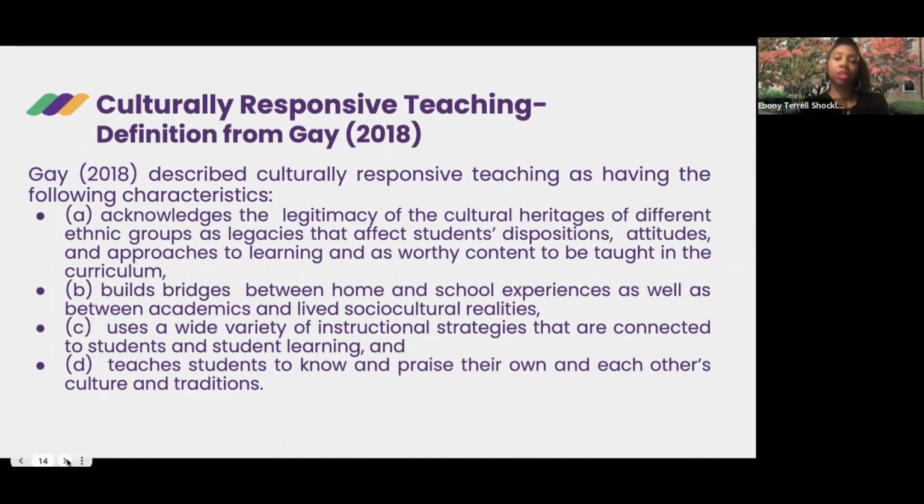That we build bridges between home and school experiences, and we're going to see a little bit more of that, as well as between academics and lived sociocultural realities.